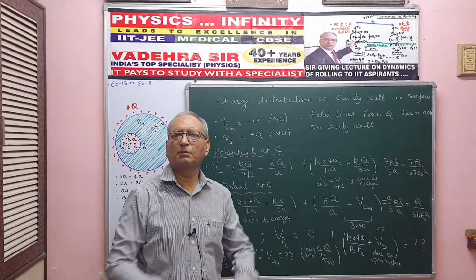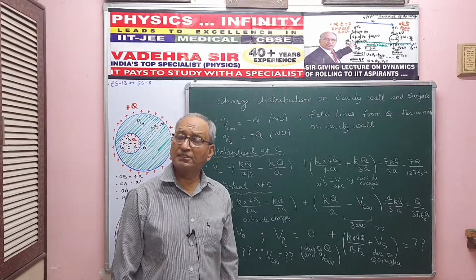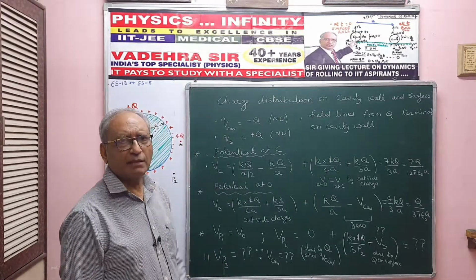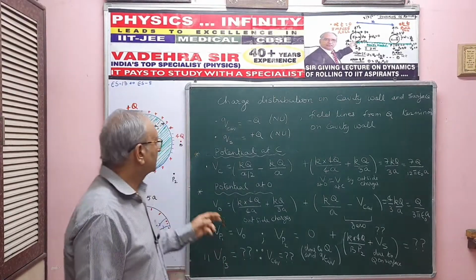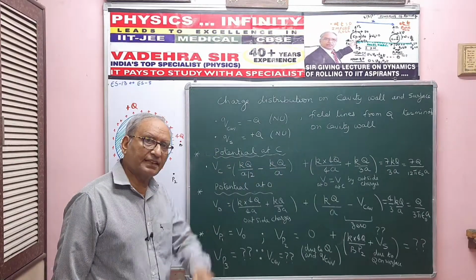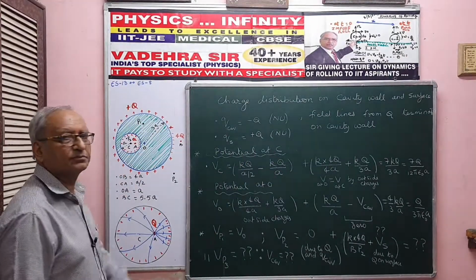Okay, let me now talk about the potential in this situation at different points. The first point I'm going to take is the potential at C. C is the center of the cavity.